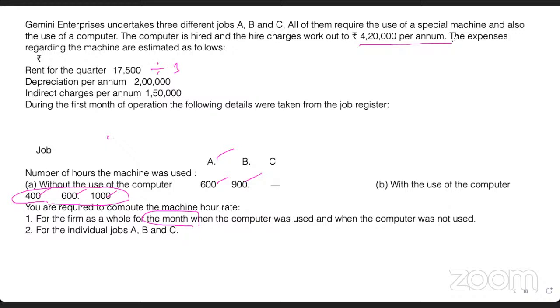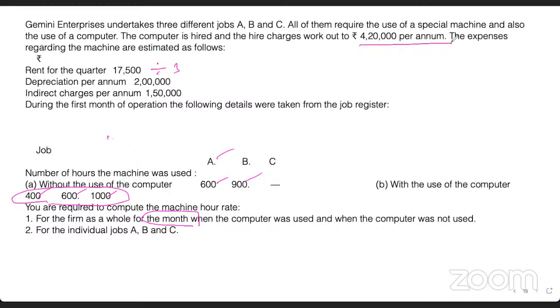For B, 25,500 is for how many hours? 900 plus 600 hours, so rate per hour 17 rupees. For C, 27,500 is for 1,000 hours, so 27.5.